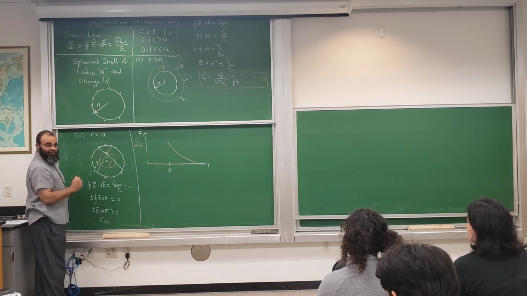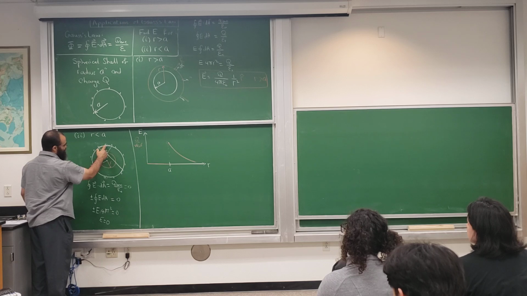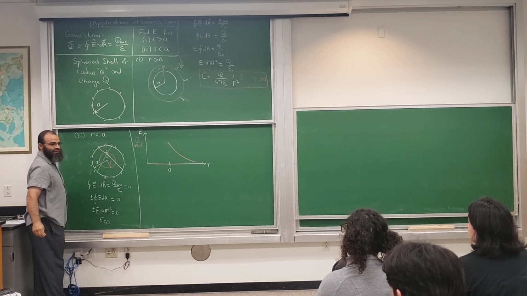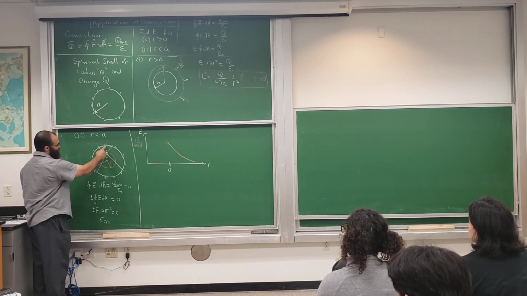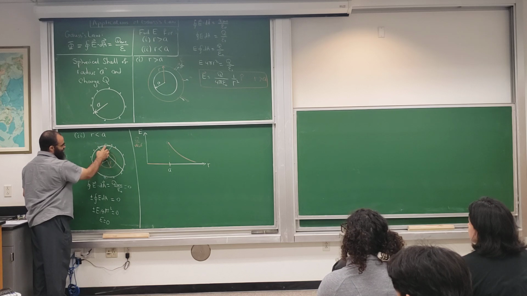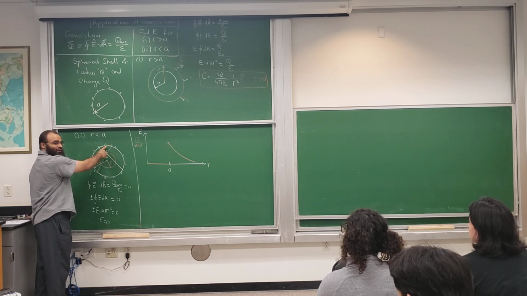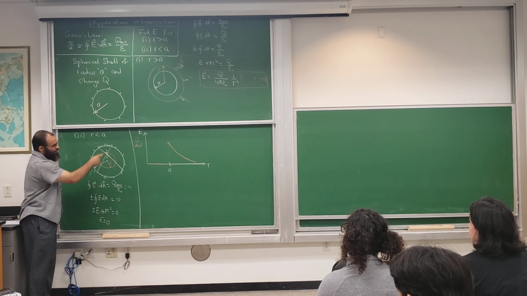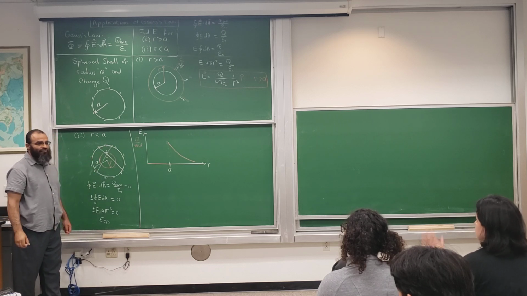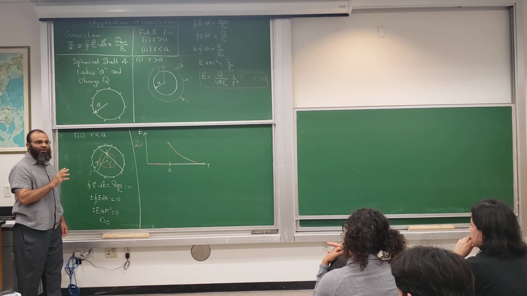You can do it by direct integration: make a little hole here, and then ask, what's the electric field here due to everything else? Then add that hole. You can make the hole as small as you want, and you will find that it's half. But we'll not go over that.